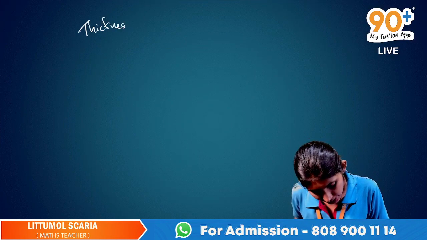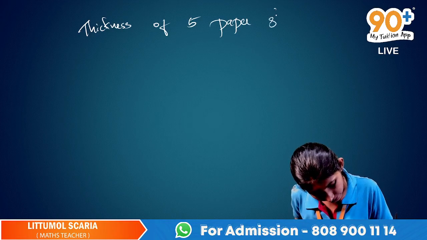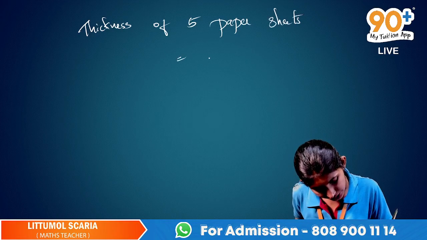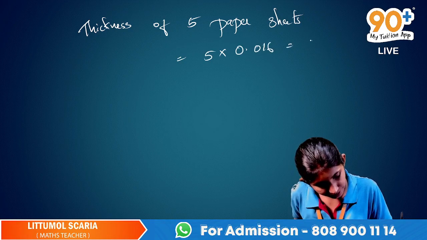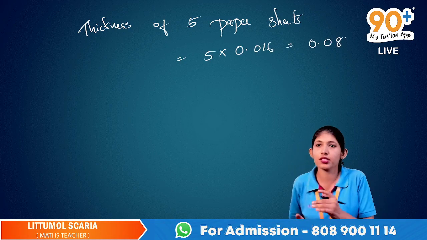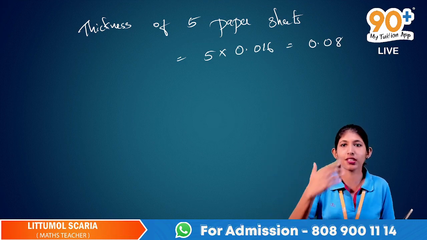So thickness of 5 paper sheets is equal to 5 into 0.016, and that is 0.08. 16 into 5, 80. Sorry, 80, not 8.